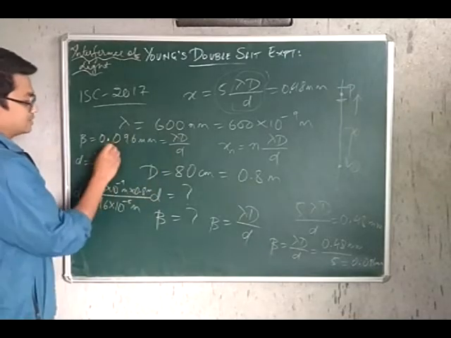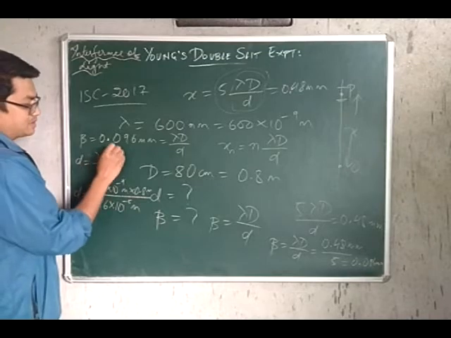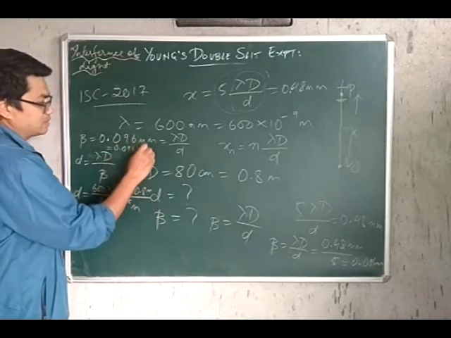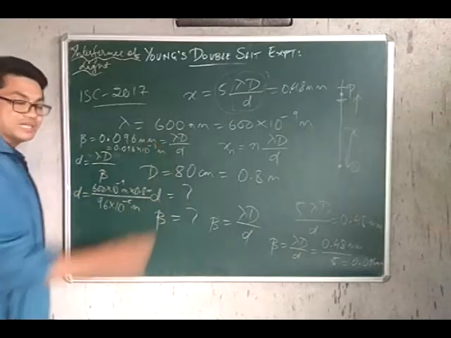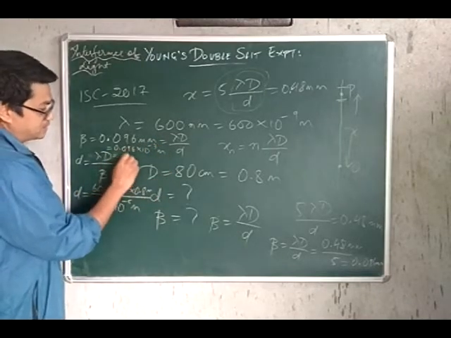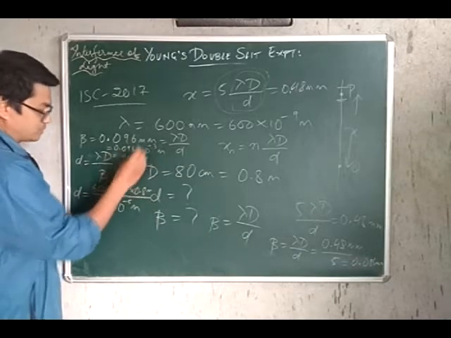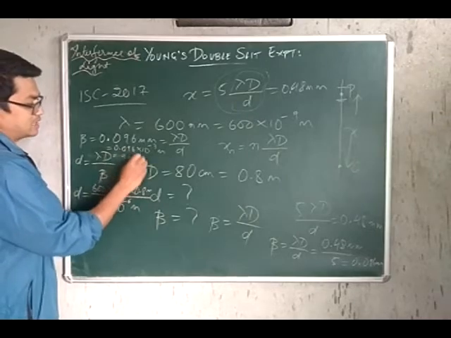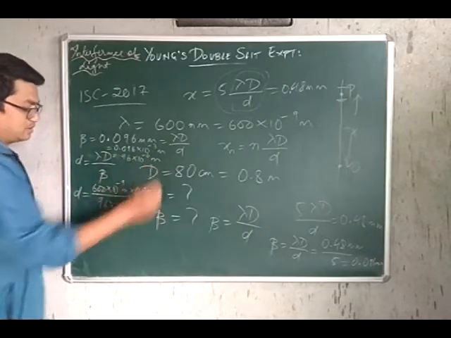Because 0.096 mm is 0.096 into 10 to the power minus 3 meters, which can be written as 96 into 10 to the power minus 6 meters.